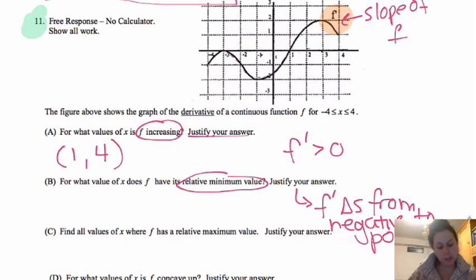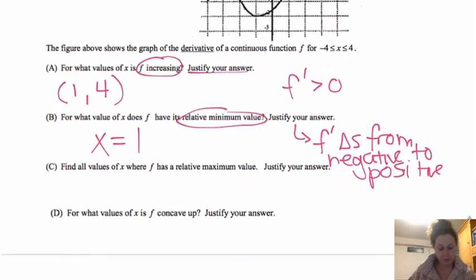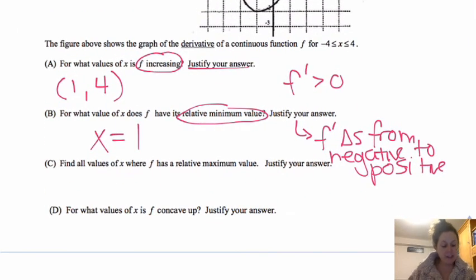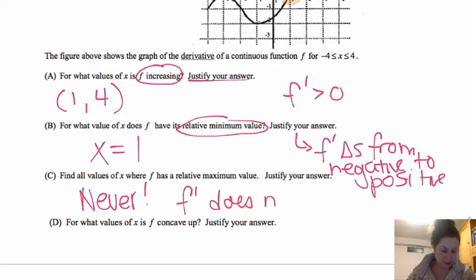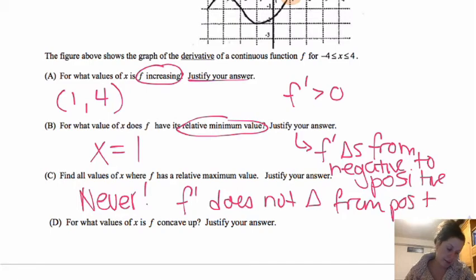So we are switching from negative to positive right at that point. So at x equals 1. Where does f have a relative maximum? So we should be going positive to negative here. This never happens because f prime does not change from positive to negative.